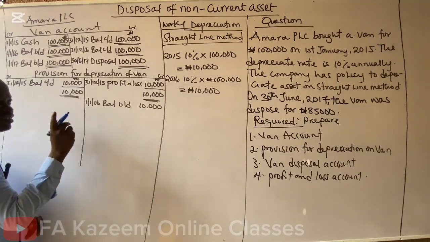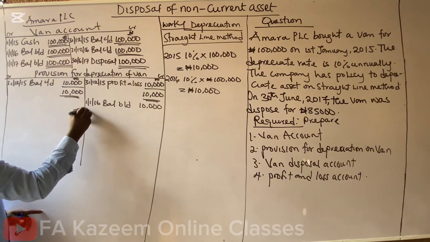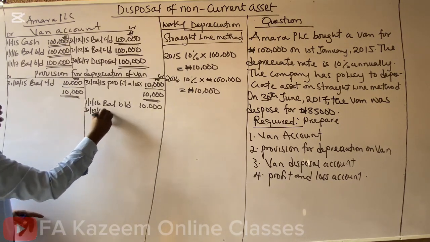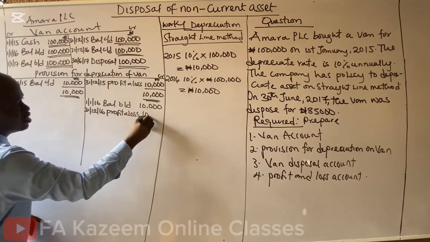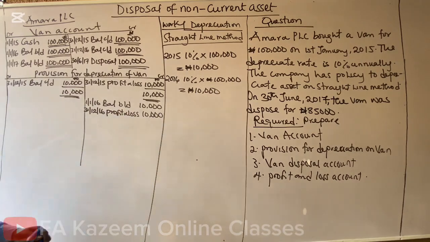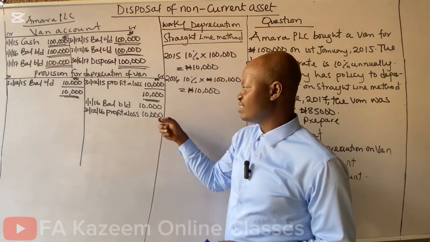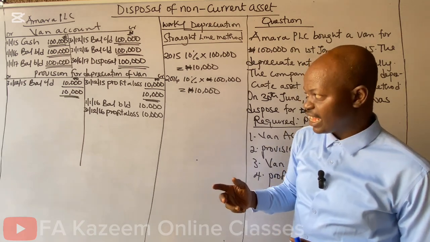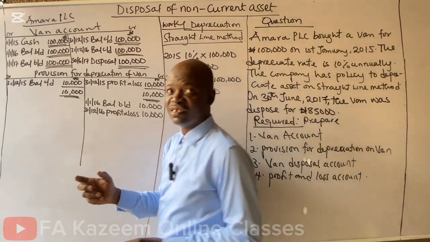Now, at the end of 2016, after the asset has spent 12 months from January to December 2016, this company has set aside another 10,000 using the straight line method. Meaning at the end of the second year in 2016, where this asset is still existing, this company, Amara PLC, has provided 20,000 from the profit generated from this asset.